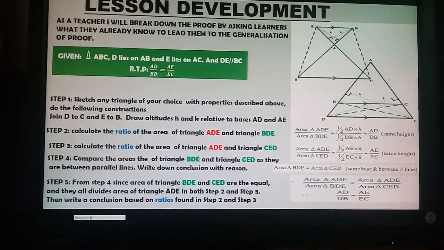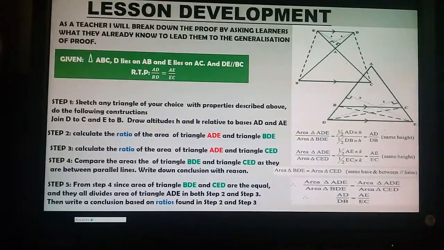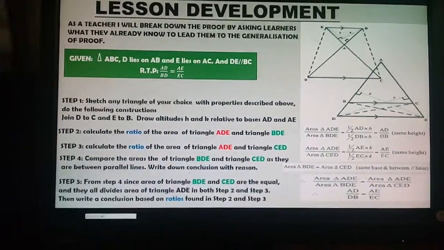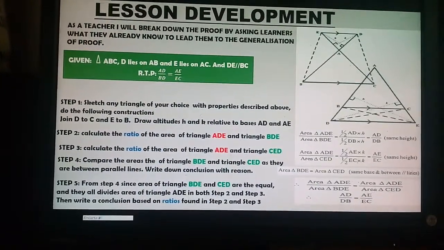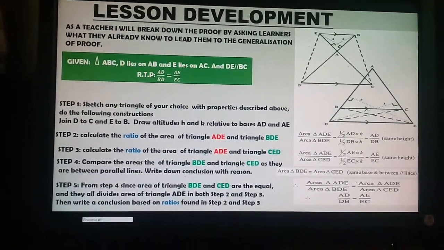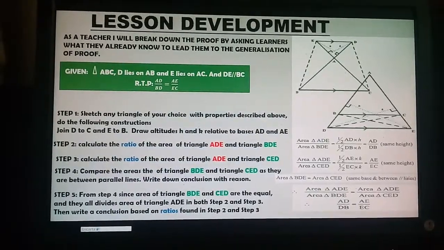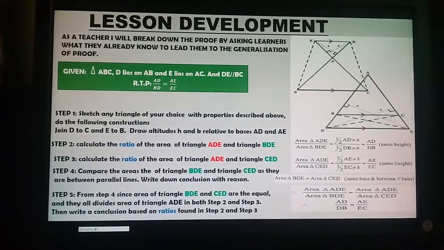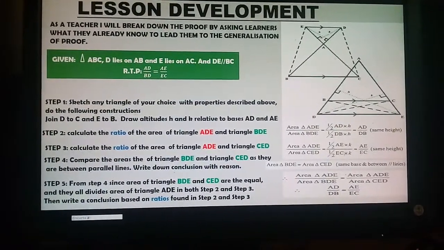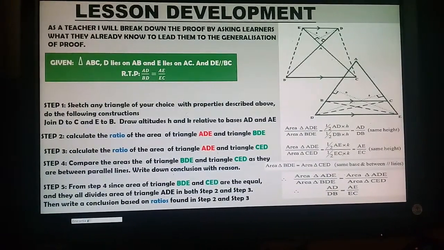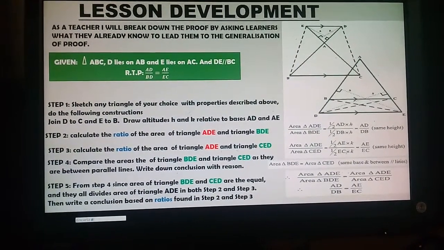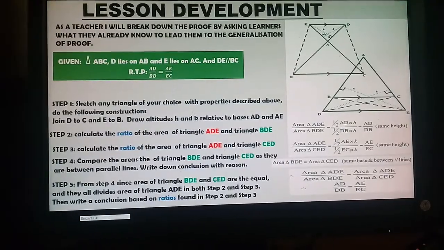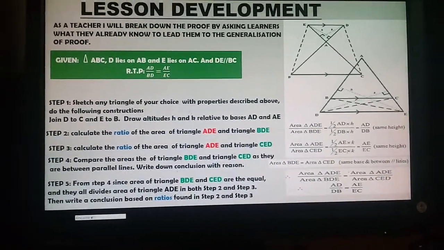We end up with AD divided by BD equals AE divided by EC. As you can see in my given information, I was required to prove that AD divided by BD is equal to AE divided by EC.